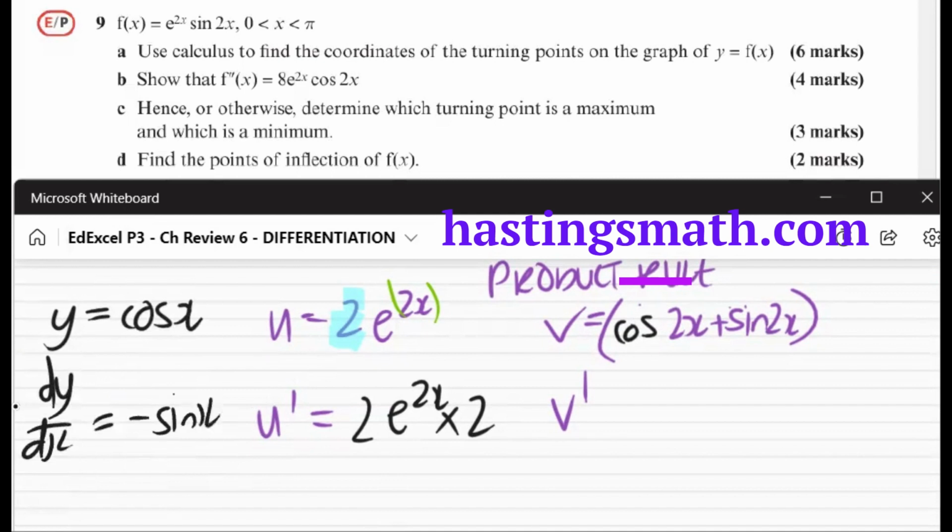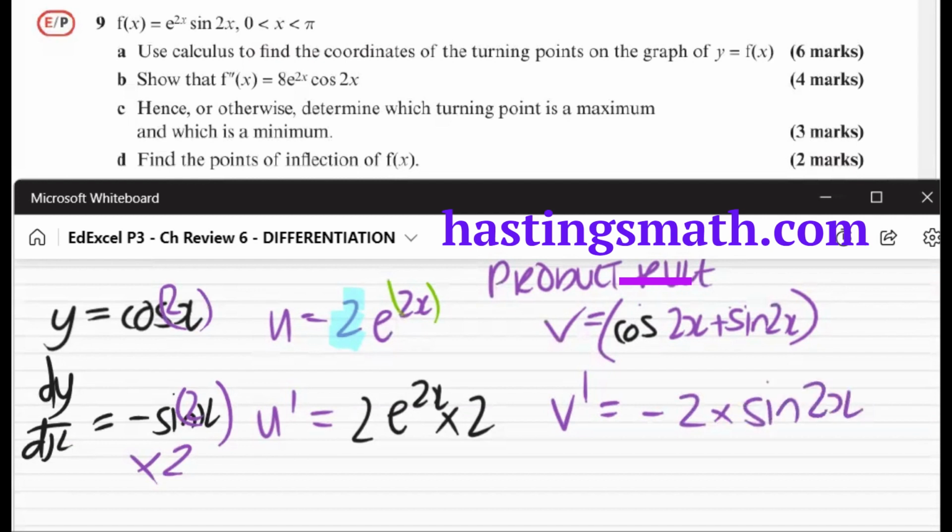Cos goes to negative sine. But we have a 2x here, which is a function inside a function, so you'd have to times the whole thing by the first derivative of 2x, which is 2. So we end up with our v dash being negative 2, the first derivative, times by sine 2x.